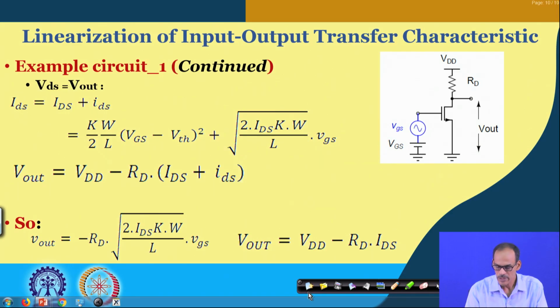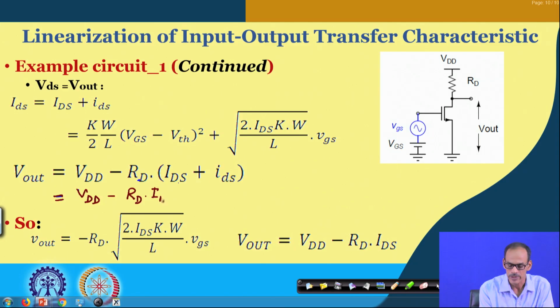So, if I multiply this RD with this capital IDS, what we are getting here is capital VDD minus RD multiplied by capital IDS.